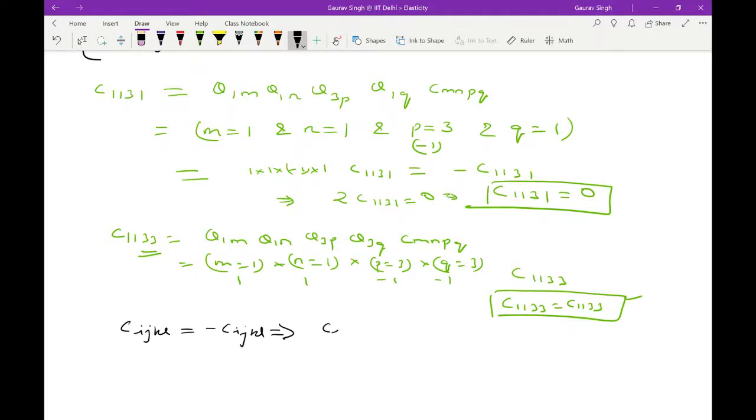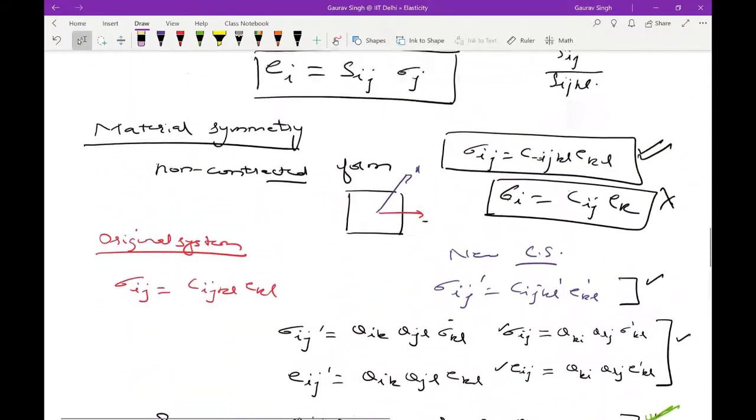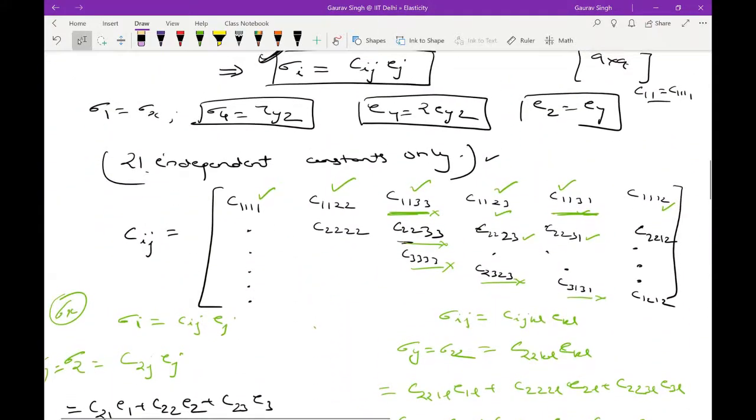This implies that Cijkl is equal to 0 if index 3 appears an odd number of times. So what are the terms in which the index appears an odd number of times? Let me remove all this.